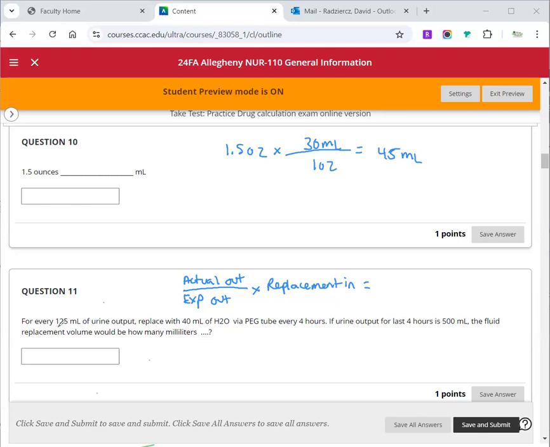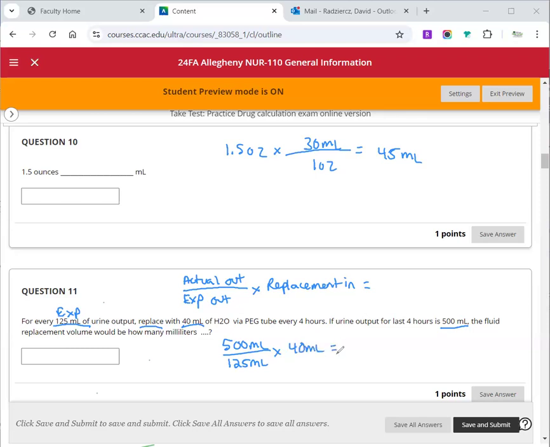So it tells you for every 125 milliliters out, so this is my expected out, I'm going to replace with 40. So it tells you it's the replacement. And if the actual output was 500 milliliters, what are we going to replace it with? So I'm going to take my actual output over my expected output times my replacement.